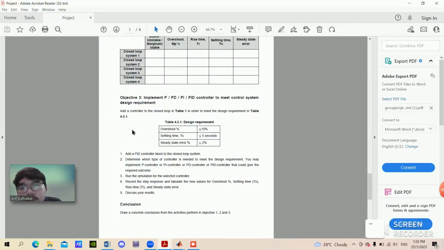For objective 3, add a controller to the closed loop system in order to meet the design requirement. This is the design requirement for overshoot, settling time, and steady state error.